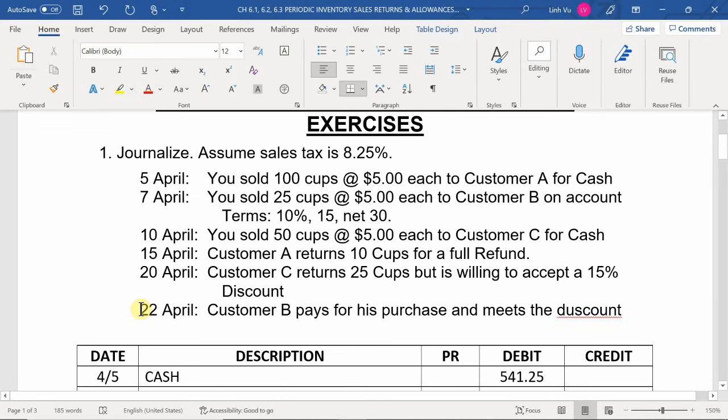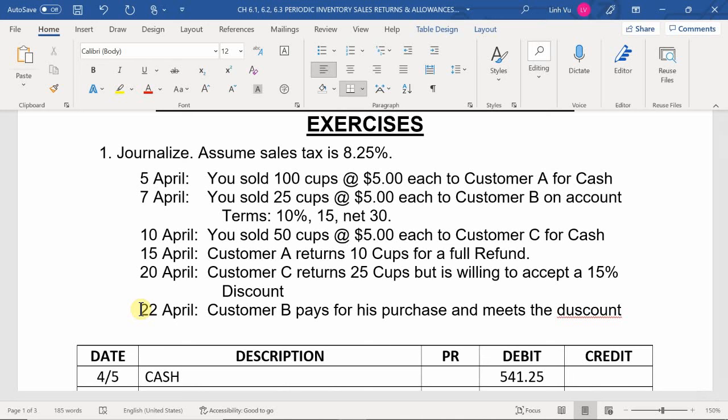So then on April 20th, customer C decides to return 25 cups, but is willing to accept a 15% discount. So here customer C is trying to return the cups. Maybe he missed the company policy, so now we offer him an additional 15% discount.